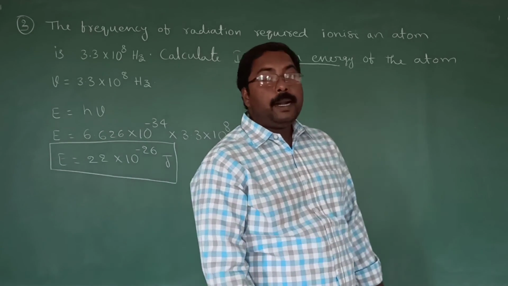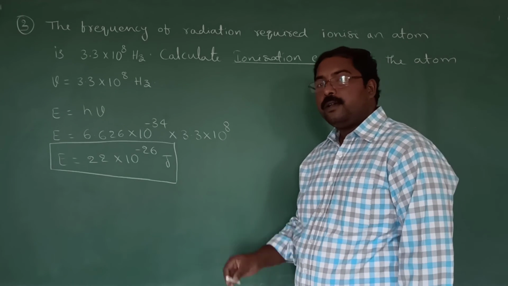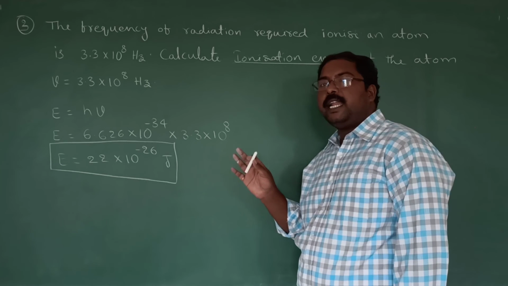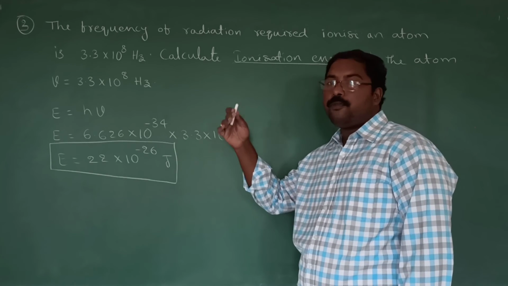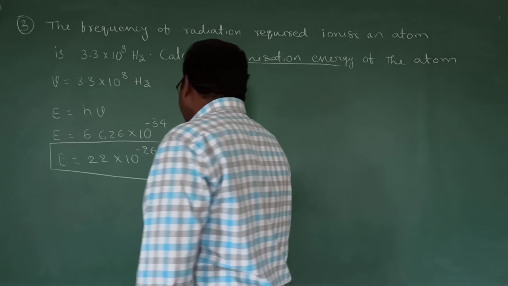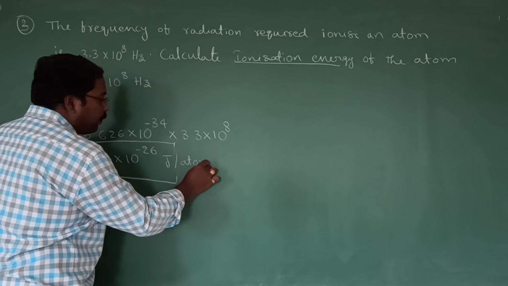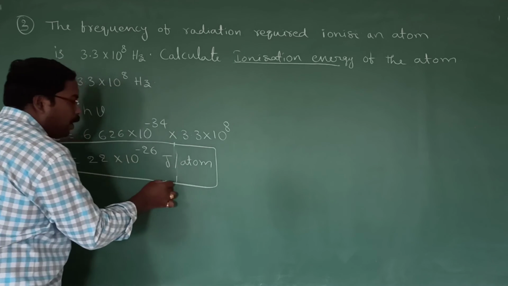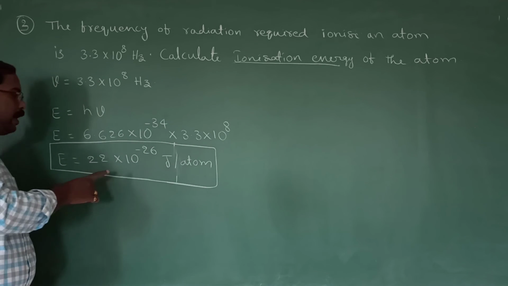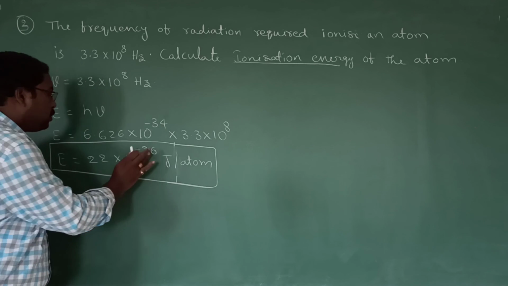Okay. But for example, if the options are given in terms of ionization energy, generally they will give in terms of joules per mole. Okay. This is joules per atom. So for one atom, this much energy is required.